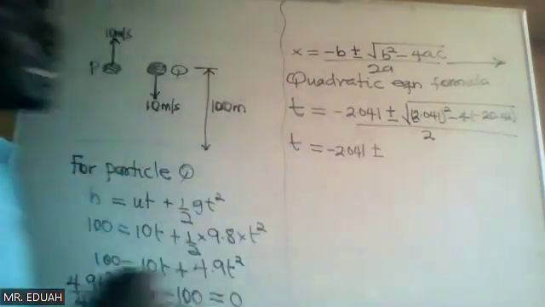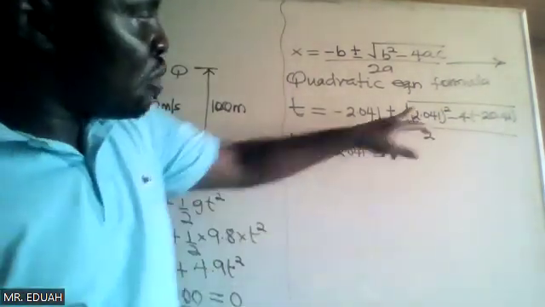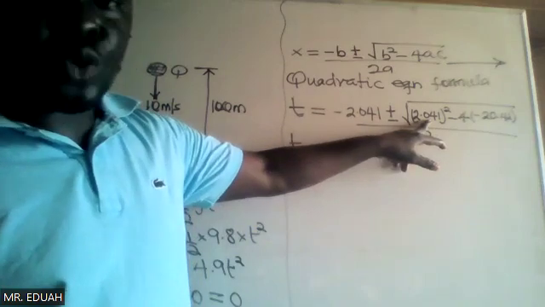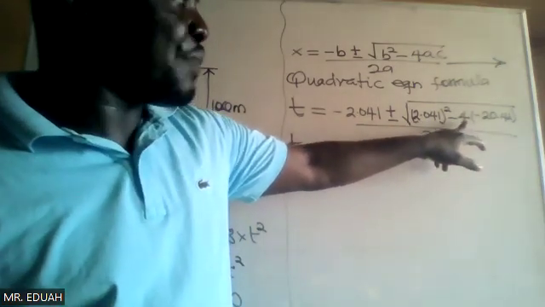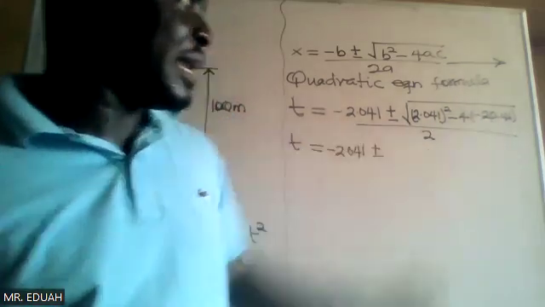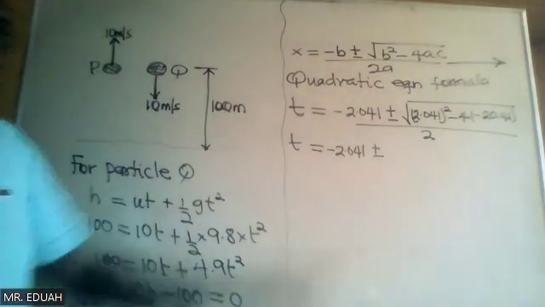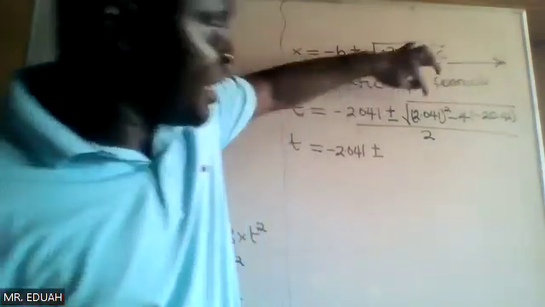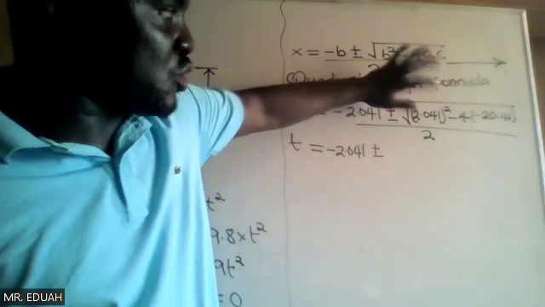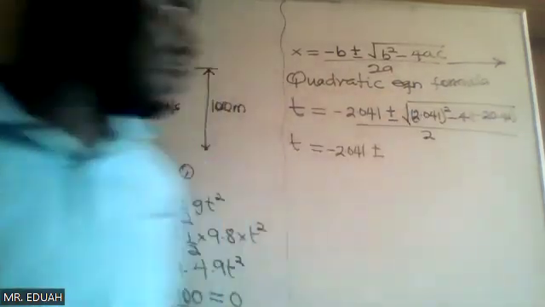Please, square this: 2.041 squared plus multiply 4 by 20.41 and then give me the results. Of course, it must be positive because negative and negative give positive. But please, this is squared. So simplify this for me.